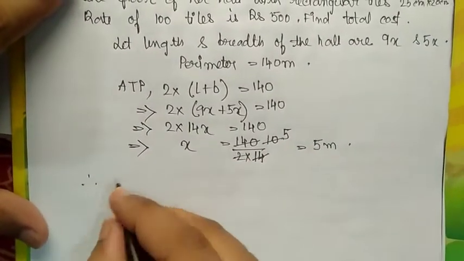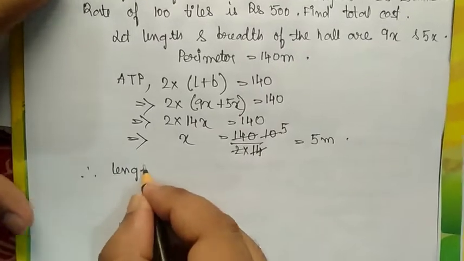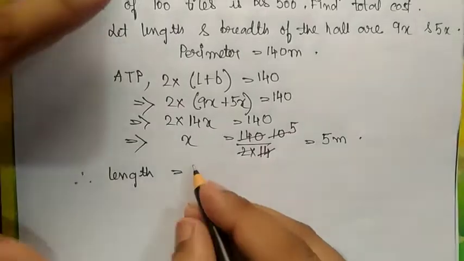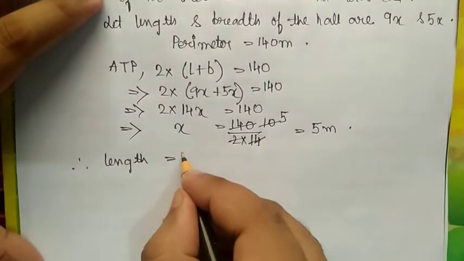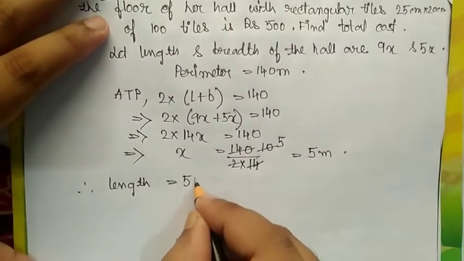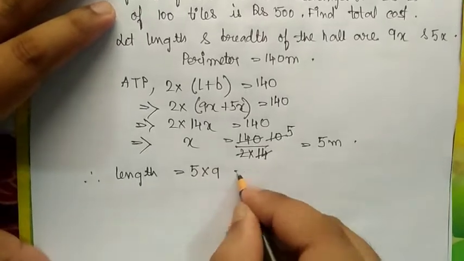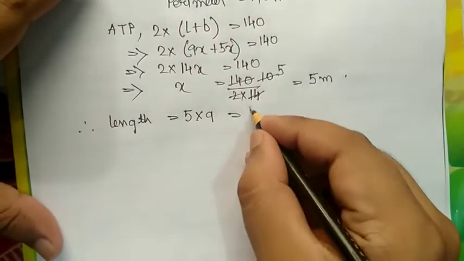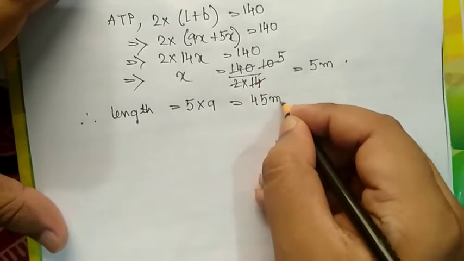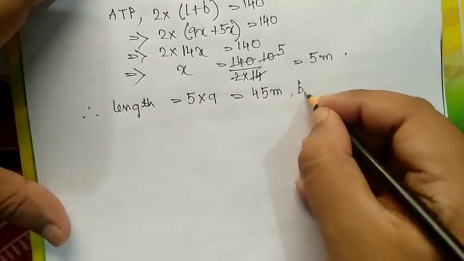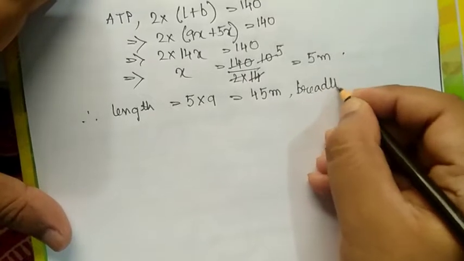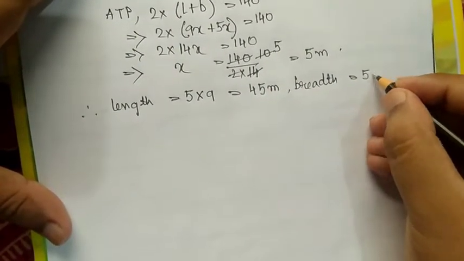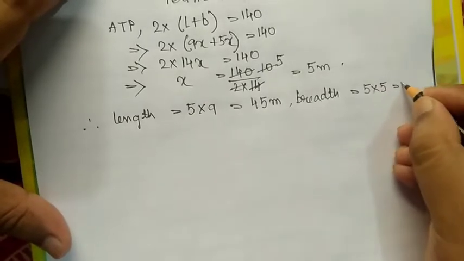So therefore we can say that length equal to 5 into 9, because the value is 9x. So therefore 5 into 9, 45 meter, and breadth equal to 5 into 5, 25 meter.